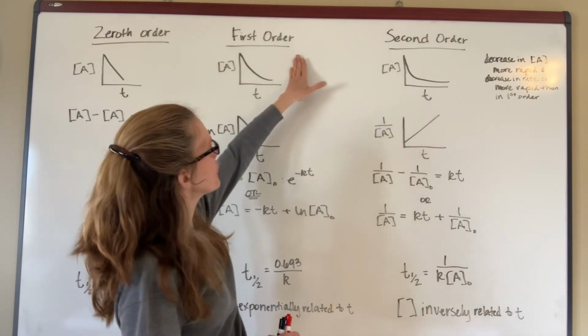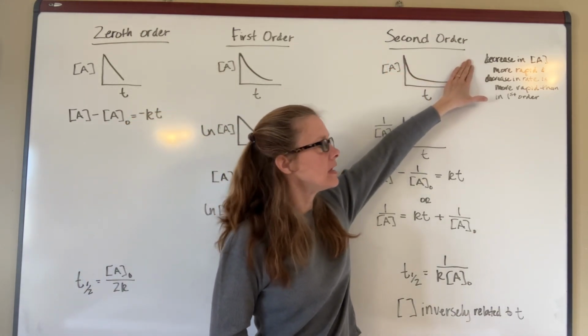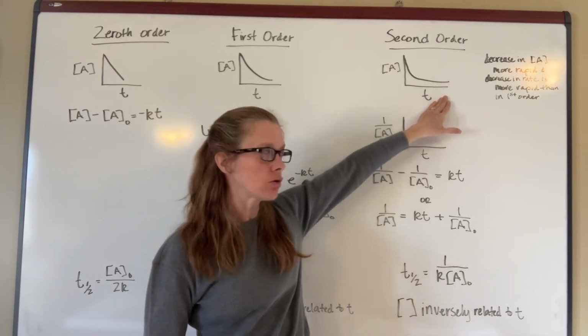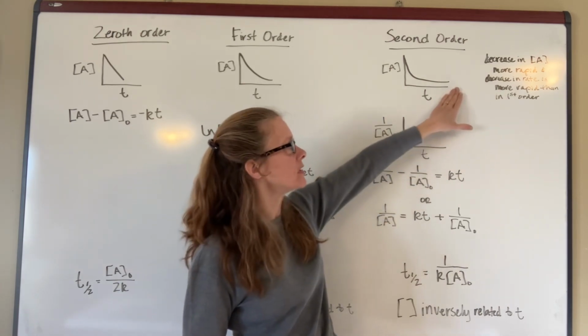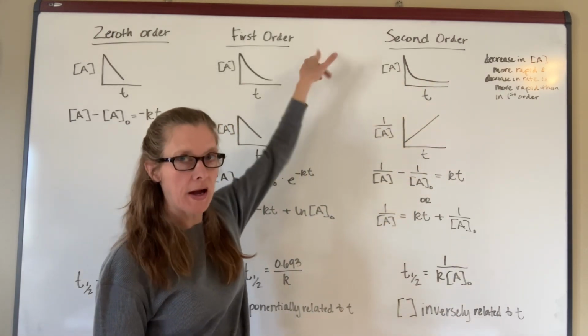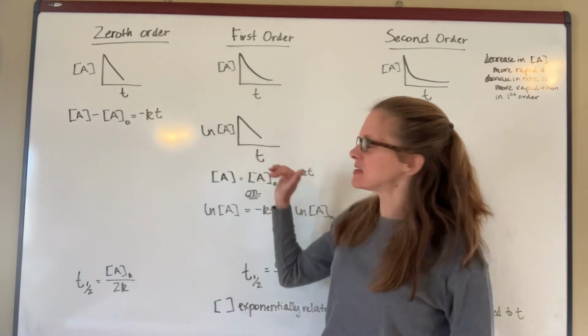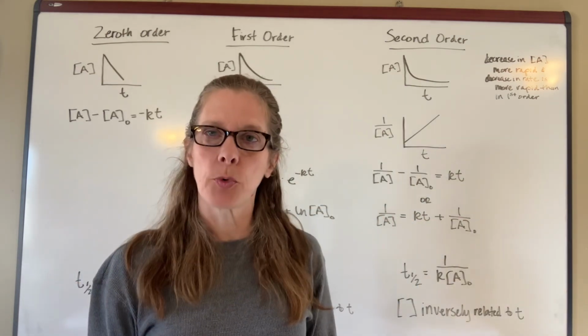So between a first order and a second order reaction, the decrease in the concentration of the reactant is more rapid for the second order, and the decrease in rate is also more rapid than it is in a first order reaction, okay?